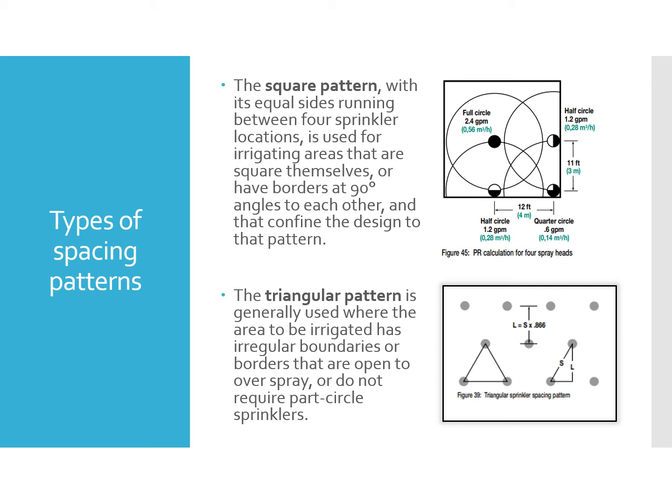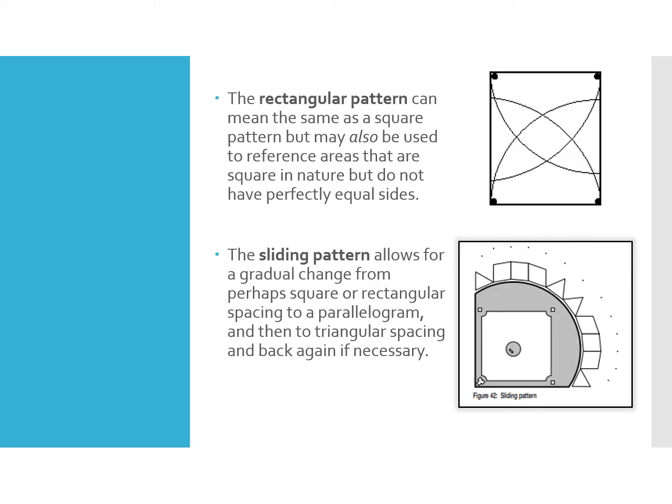The triangular pattern is generally used where the area to be irrigated has irregular boundaries that are more open and aren't confined, or the worry of overspray or the need for part circle sprinklers are needed. You'll see the triangular pattern will be more popular in large open spaces like baseball fields, football fields, where the square pattern might be more of a residential system.